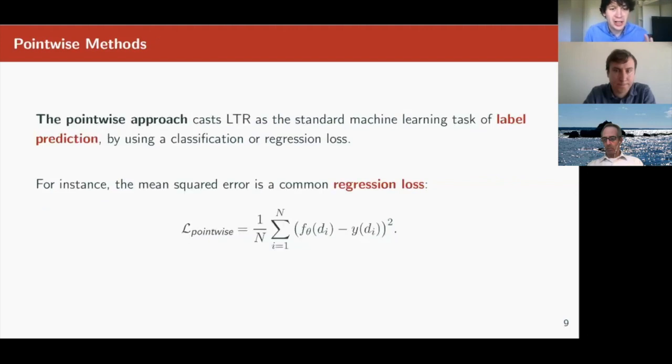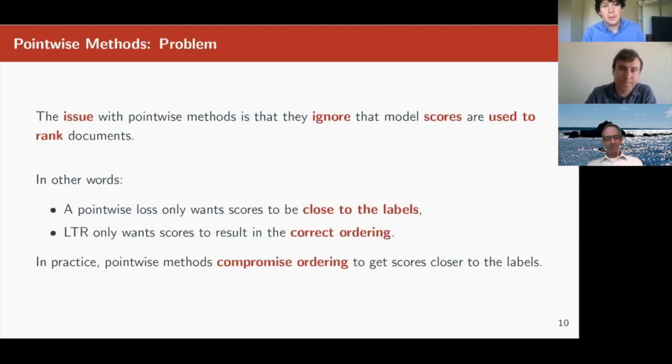So if it just came down to this, if this worked very well, we wouldn't need a separate field of learning to rank. But it doesn't, right? That's why we're here today. The issue with these pointwise methods is that they ignore the core characteristic of the ranking problem, and that's that these model scores are used to rank documents.